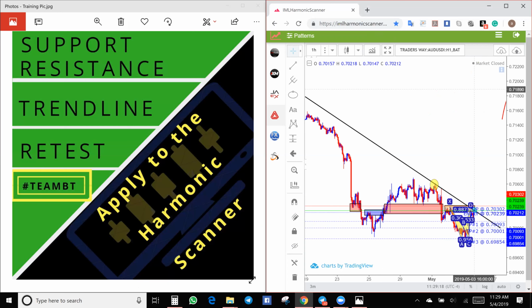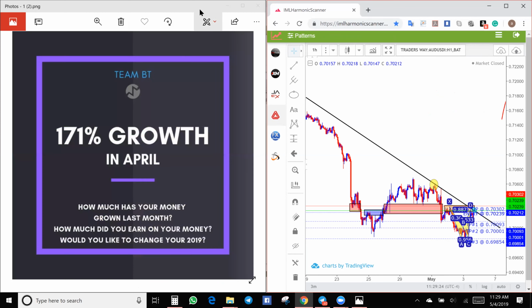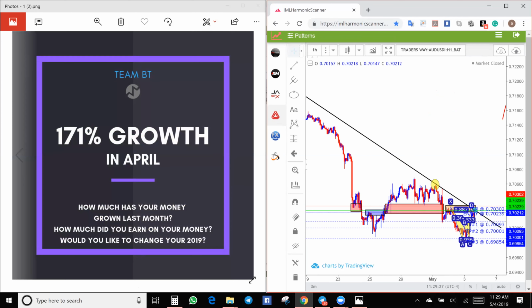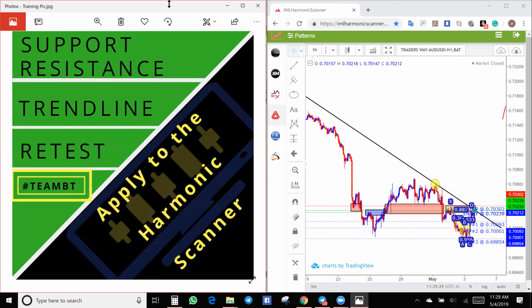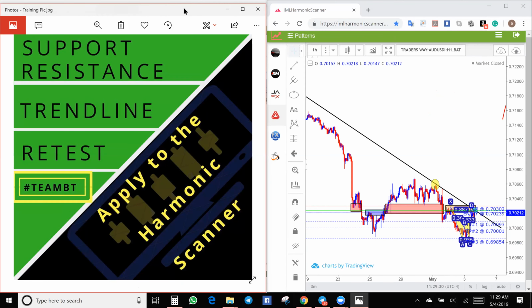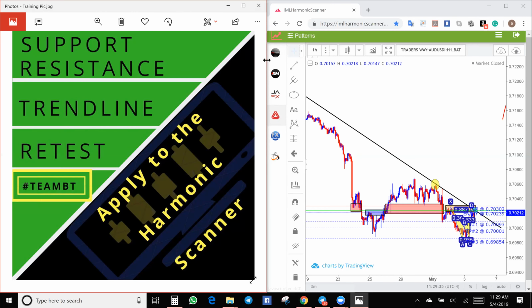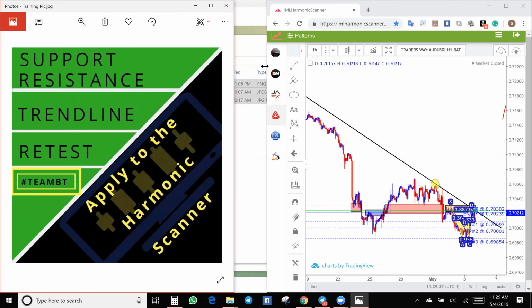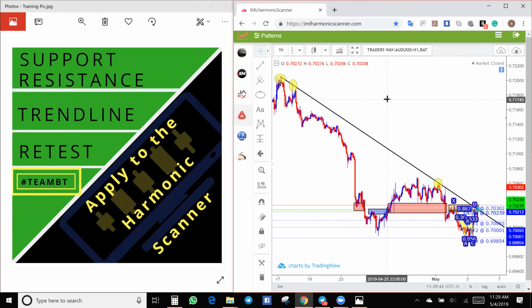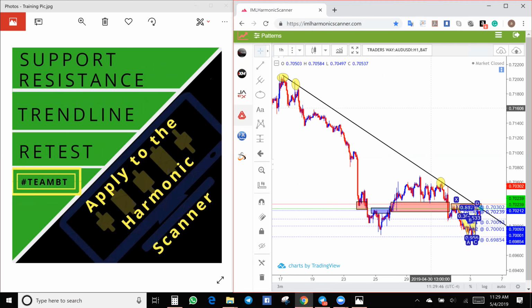Do we have that? There's some more screen in this for you guys. All right, guys, do we have support and resistance?